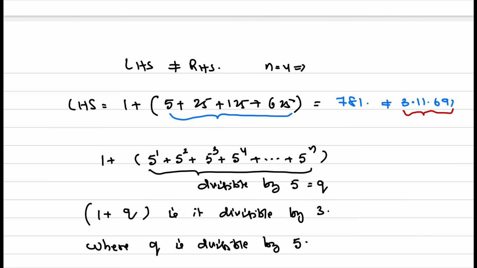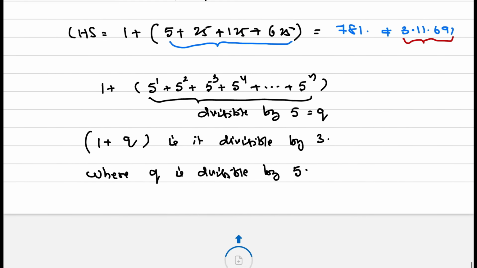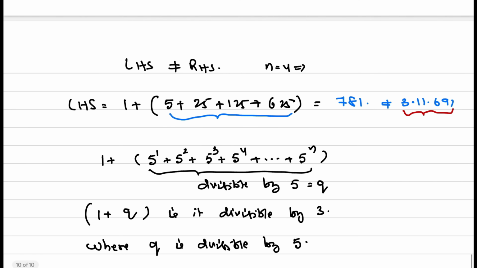If you go on doing like this, you will not find a value of n where, for example, let me take n value 5, 6, 7. You do some calculations and see whether it is divisible by these numbers.